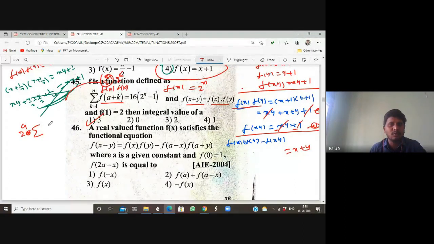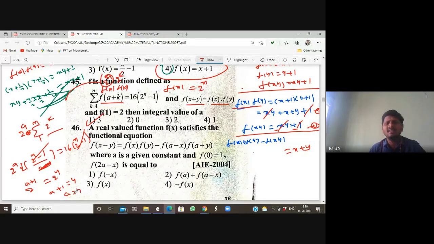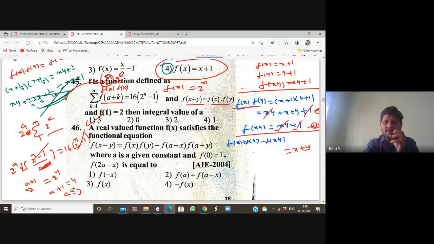You can expand that, 2 power k with k is equal to 1 to n, so 2 power a into 2 power n minus 1 by 2 minus 1 is equal to the right side already given, 16 into 2 power n minus 1. This gets cancelled, 2 minus 1 is 1, and comparing both sides, the two bases are equal, so you can equate the powers also: 2 power a plus 1 is equal to 2 power 4, a plus 1 is equal to 4, a is equal to 3. Like that you can do it in a short time.